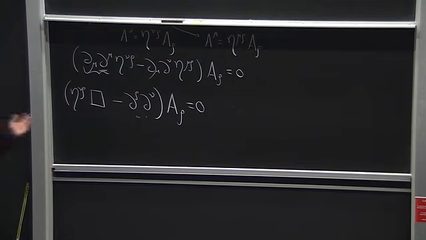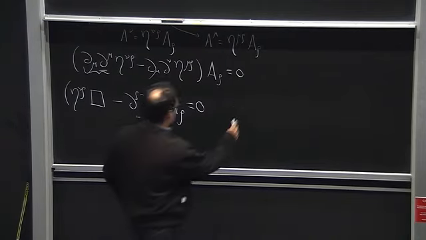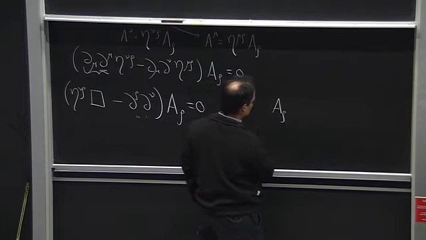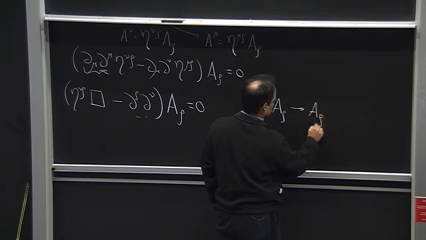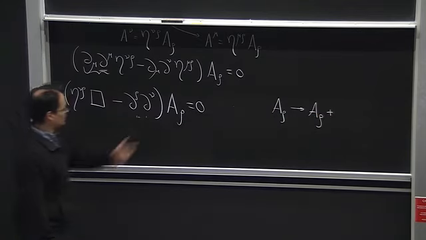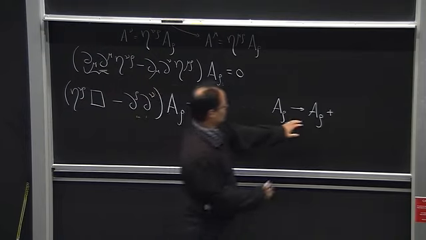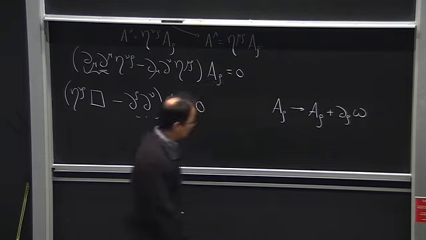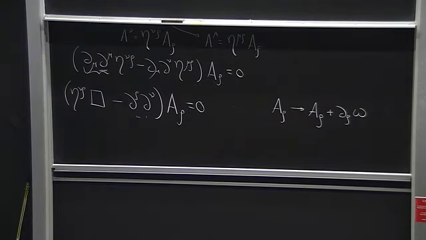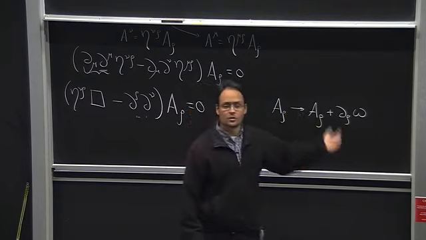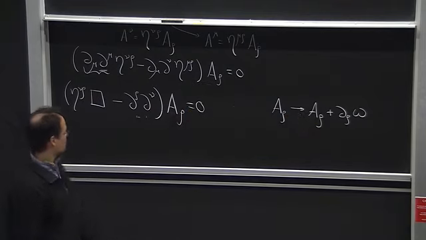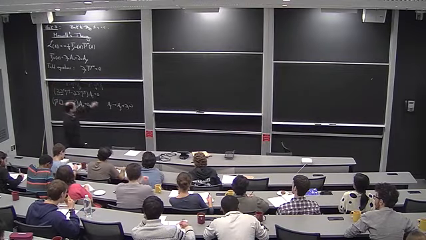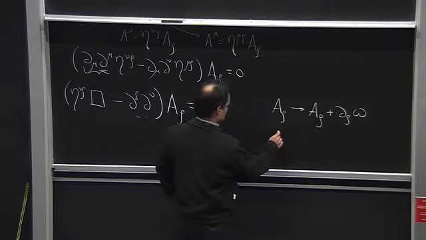So these equations make it clear that if you take your gauge potential, which is a solution of these equations, and you shift it by something that looks like this, then you get another solution of the same equations. In fact, everything from the beginning is invariant. The field strength is invariant under this transformation, and this is what is called a gauge transformation.